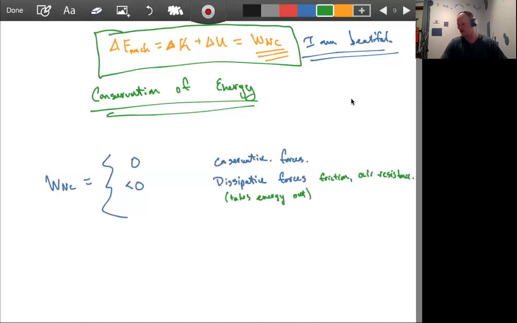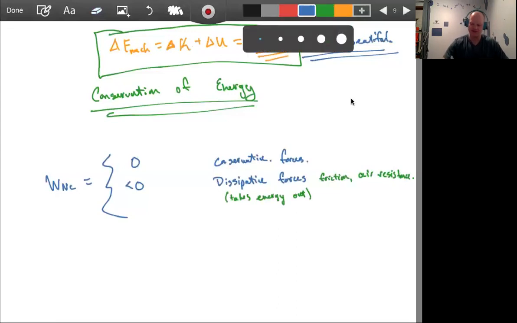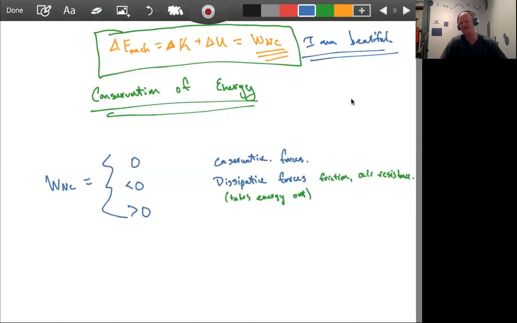For example, if I had a block sliding down an inclined plane and then I grabbed the tension and pulled back in the opposite direction, it would be taking energy away from the system. So anything that takes energy out of the system artificially is what we call a dissipative force, which is going to lead to a negative non-conservative work, meaning it's taking energy away from the system.